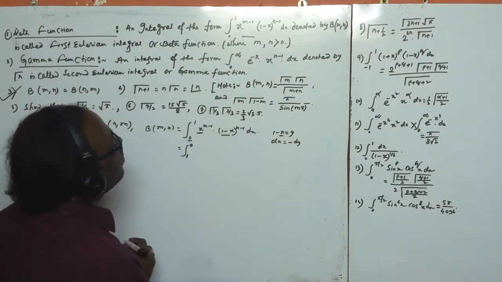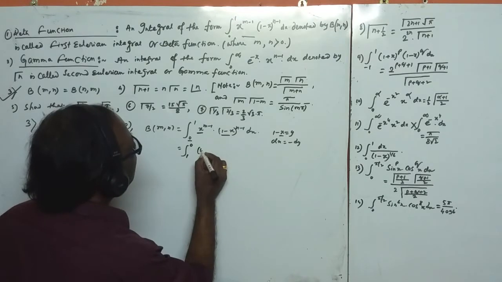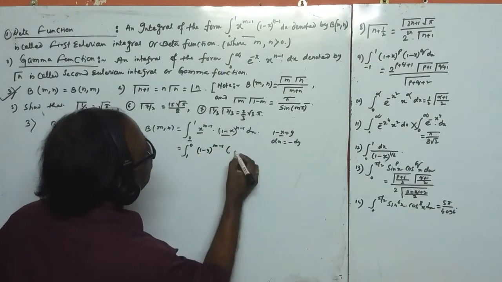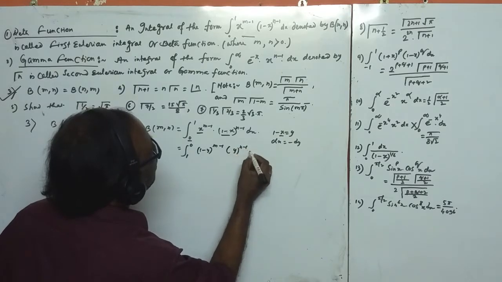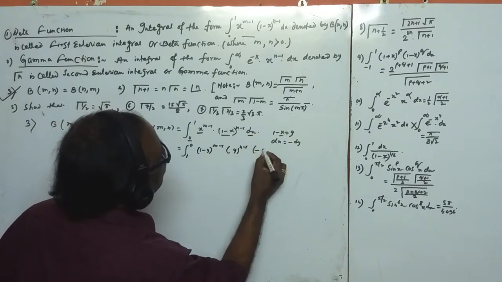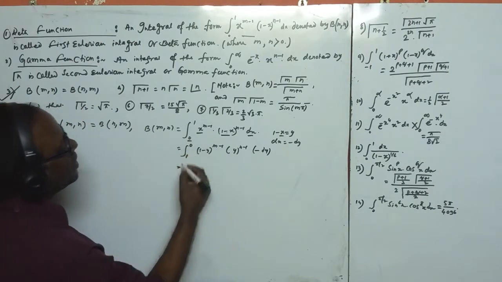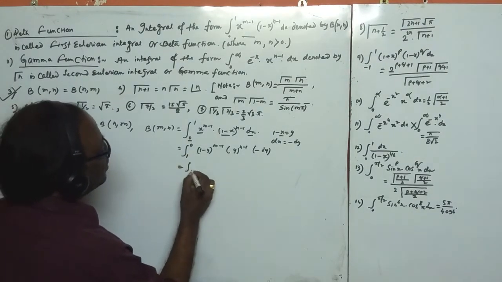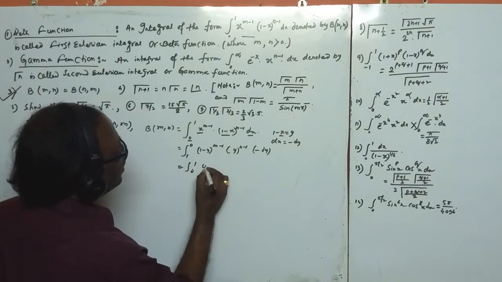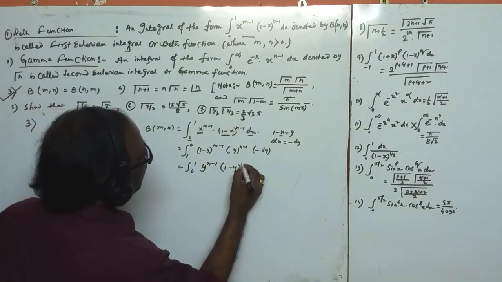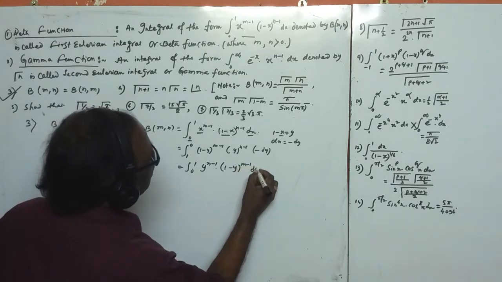So if we replace x by 1 minus y, we get (1 minus y) to the power m minus 1, y to the power n minus 1, and dx equal to minus dy. As this is minus, the limits change to 0 to 1, that is y to the power n minus 1 and (1 minus y) to the power m minus 1 dy.